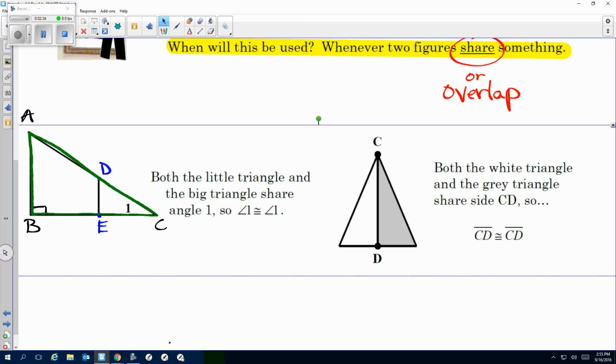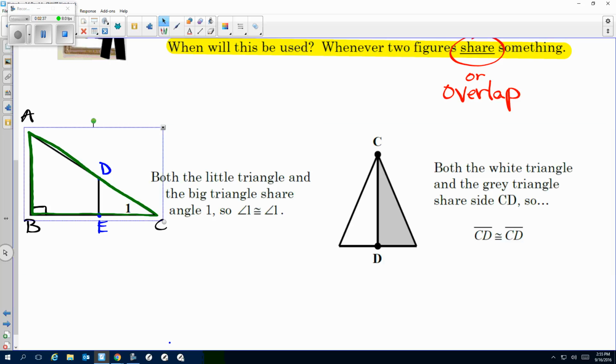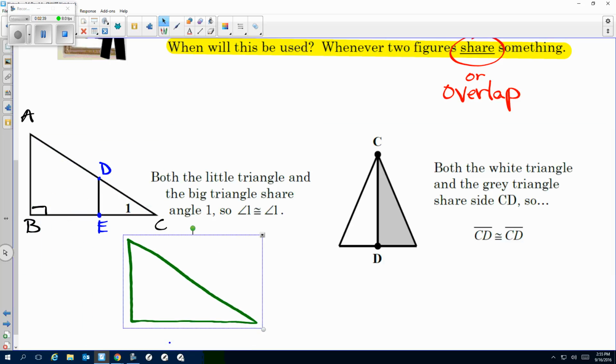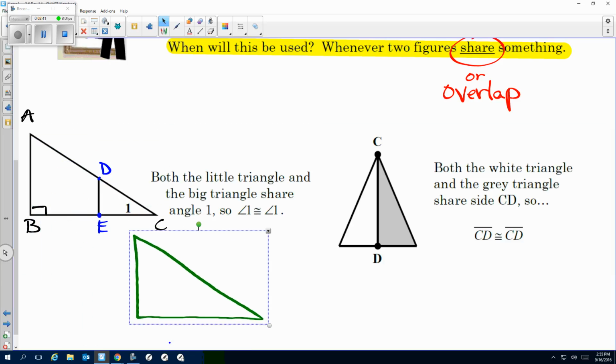Now, I also have another triangle in this figure, the smaller triangle. Let's make this one blue. Do we see right here, triangle DEC?